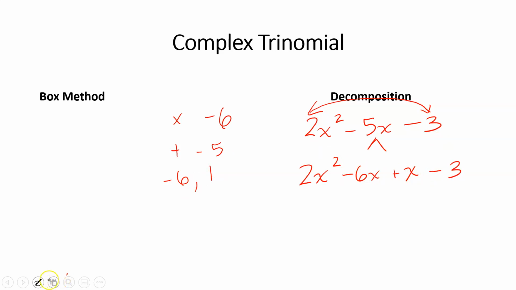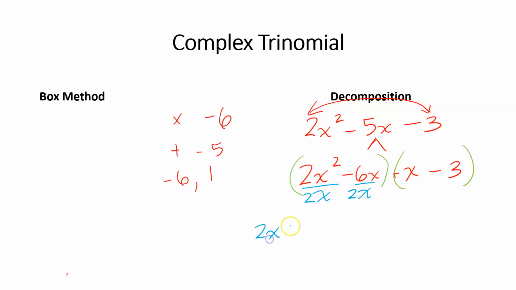The next step here is to group these terms and common factor. Okay, so I'm going to common factor. We learned about that in the first video. I'm going to common factor out an x, and now I'm looking at my 2 and -6. Okay, so I can also take out a 2.